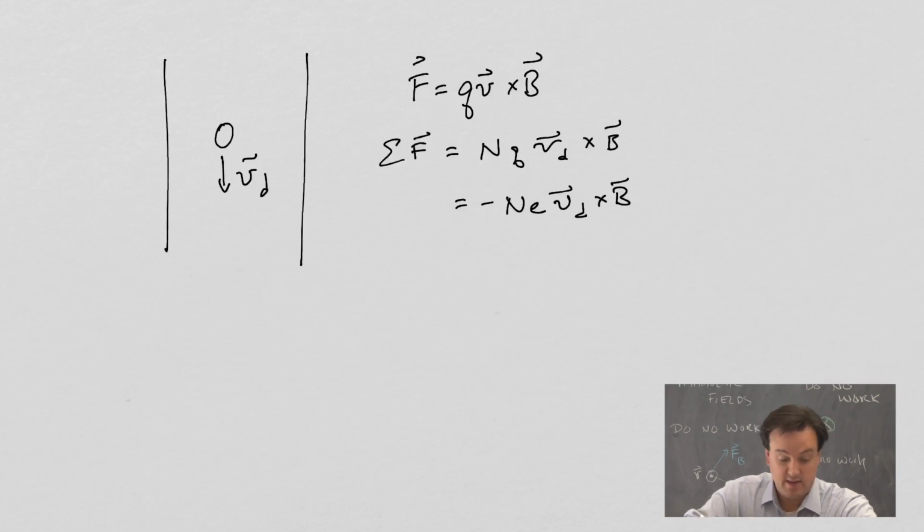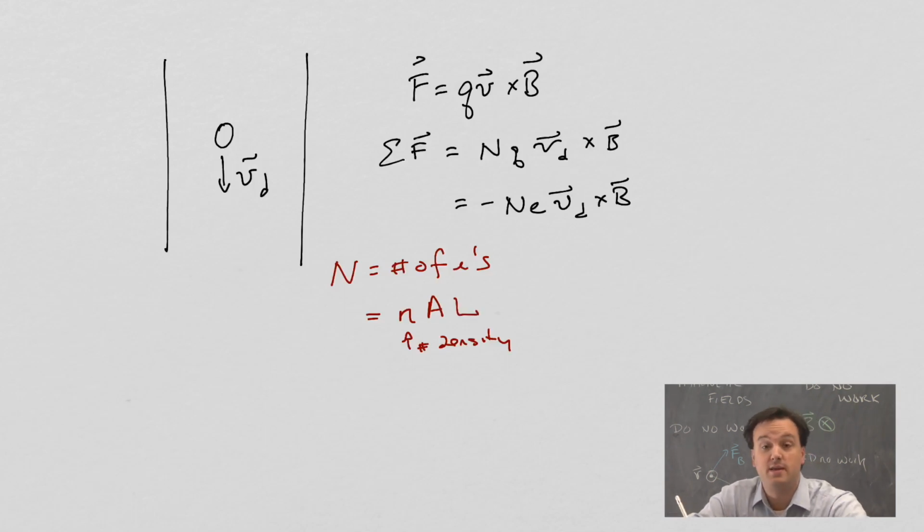So if I rewrite the N, the number of electrons, as a density, the number density times the volume, which is the cross-sectional area of the wire times its length L. So A times L is the volume of the wire, and the total number of electrons is the number density times the area times the length, which allows me to finally rewrite this as minus little n, the density, A, L, E, V cross B.